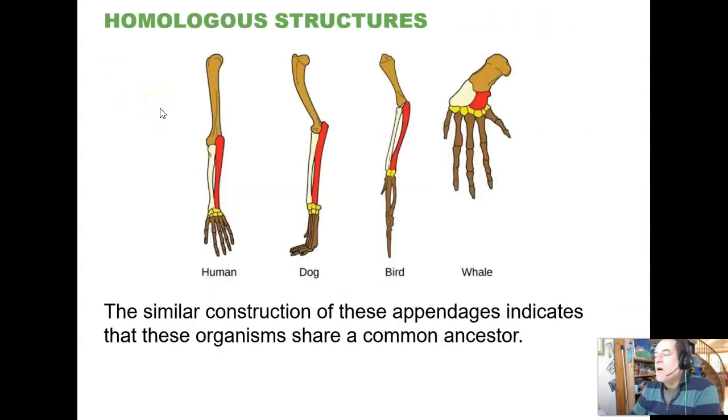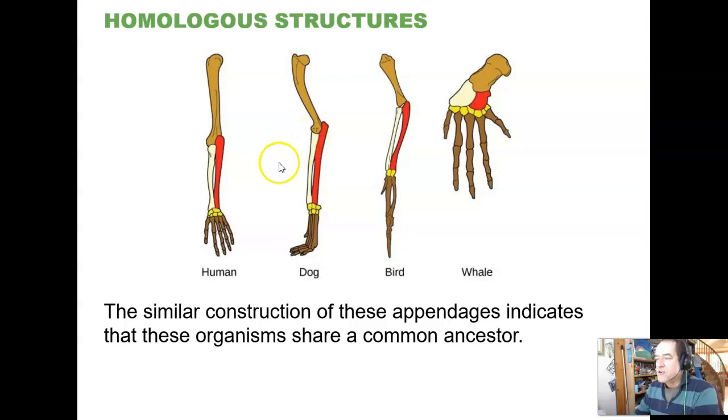All right. Homologous structures. This is one of the things where the more you study biology, the more detailed information we get on these ideas. So homologous structures are structures that exist in 2 different species or groups of organisms that are modified for different tasks, but clearly have a homo, meaning same, origin pattern.